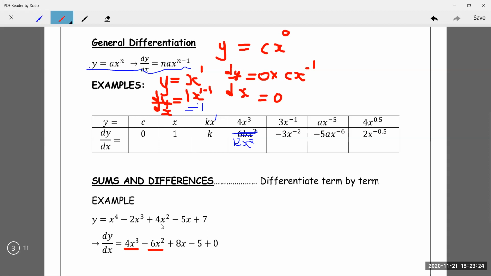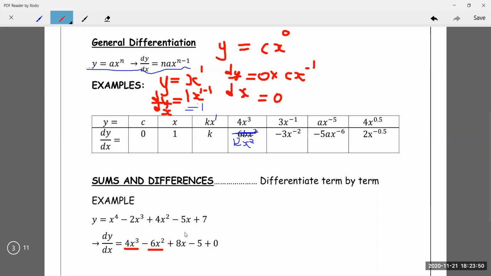What's the derivative of 4x squared? 8x. Lovely. The derivative of minus 5x? Negative 5. All right. And the derivative of a constant is? Sir, why is it negative? Why is it negative 5?